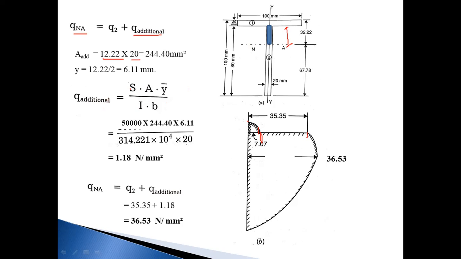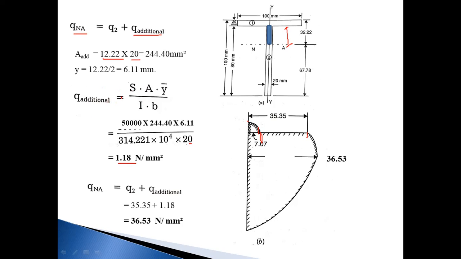So Q additional becomes S A Y bar upon B into I. S is the shear force, that is 50,000, into area 244.40, into Y bar 6.11, divided by I, 314.22 into 10 raised to 4, and B, the width of this particular section, is 20. So Q additional becomes 1.18 Newton per mm square.